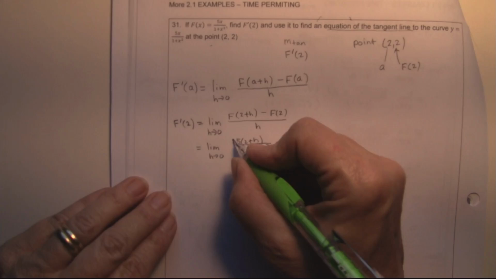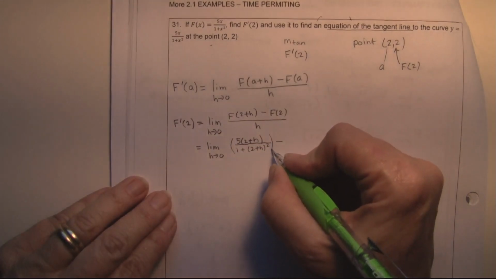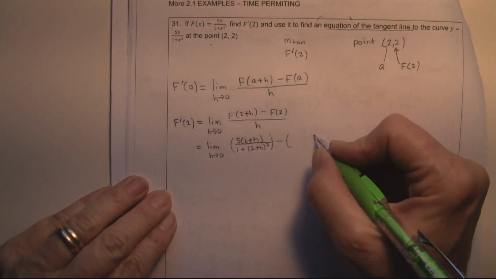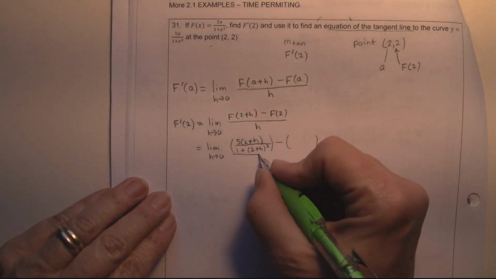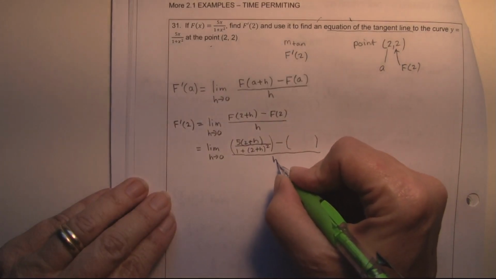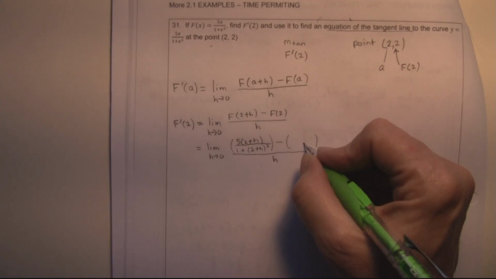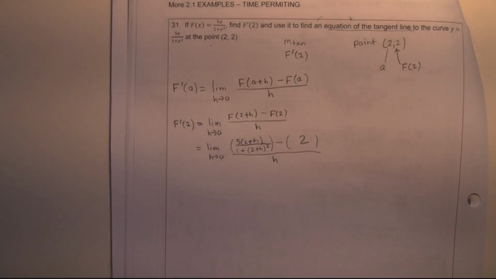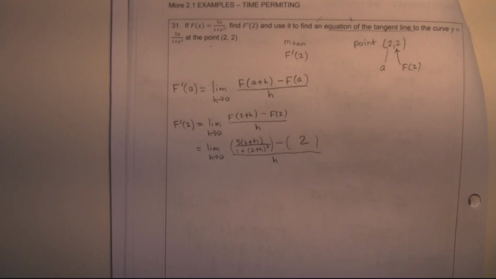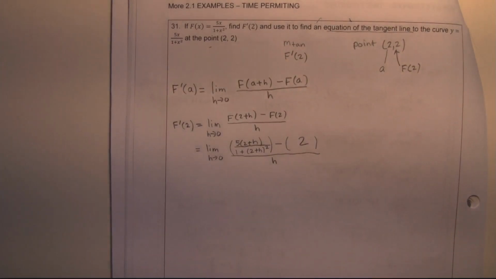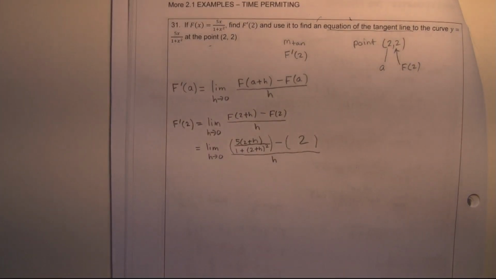I typically put parentheses right here when I replace. The reason I didn't on the last one is that this is a monomial, just a number. It's 2. But if I had variables over here too, I definitely would want those parentheses. So it's probably a good habit to always put them.